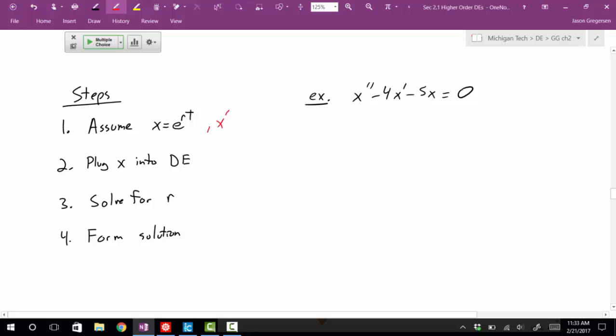I calculate x prime, which is going to be what? r e to the rt. I calculate x double prime to get what? r squared e to the rt.